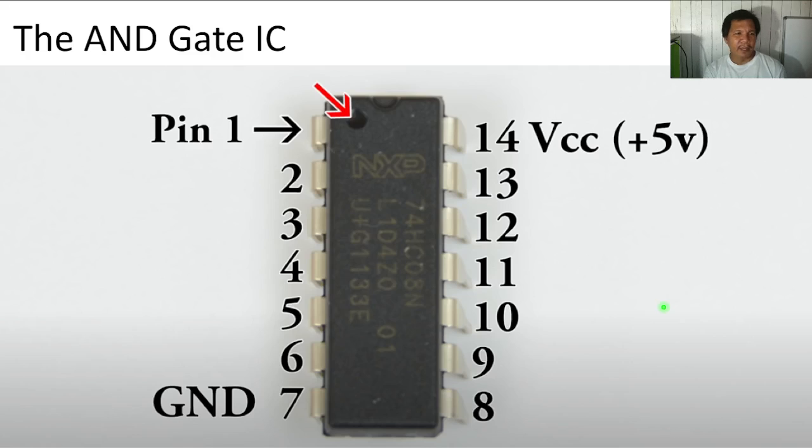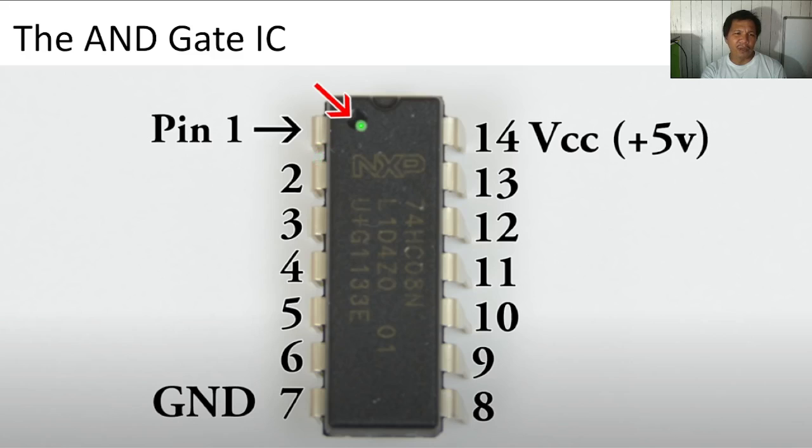Now we go to part number 7408. 7408 is an AND gate IC. What you see here in the arrow is a hole that indicates that this pin is pin number 1.